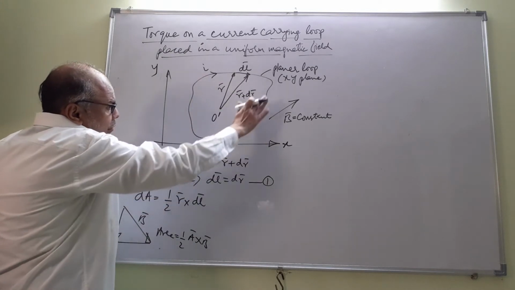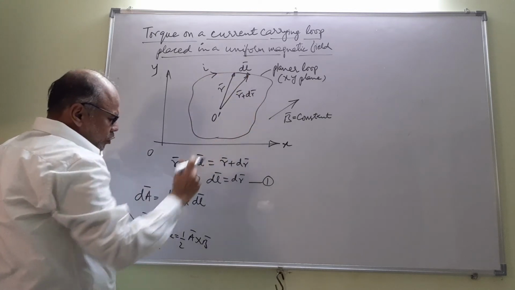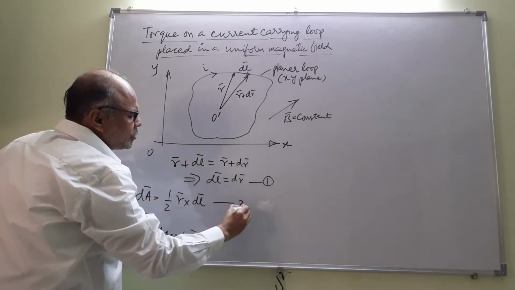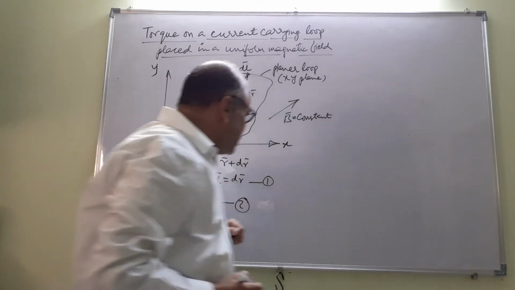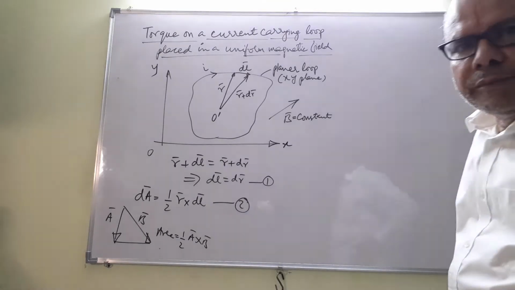When we integrate this, we are going to get the complete area of the loop. That is why we need this. This is the second equation which we will be using.